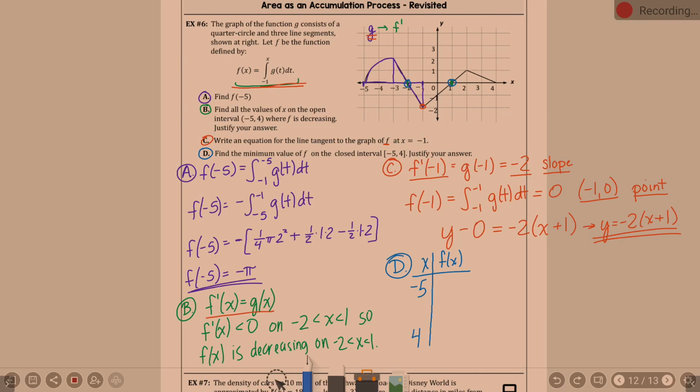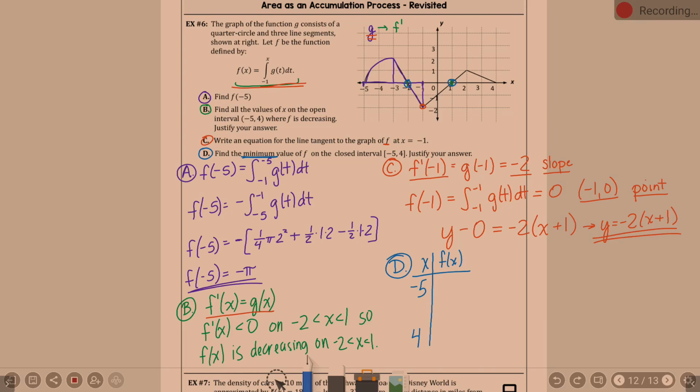Now, we can eliminate one of those that we don't even need to test, because it's asking us to find the minimum value. When do minimum values happen? When your graph is changing from decreasing to increasing. Do I need to consider places where my graph would be changing from increasing to decreasing? No, increasing to decreasing would be a max, yes?